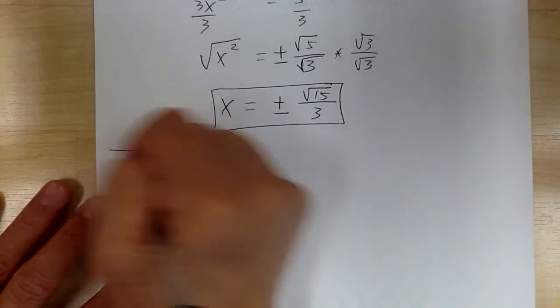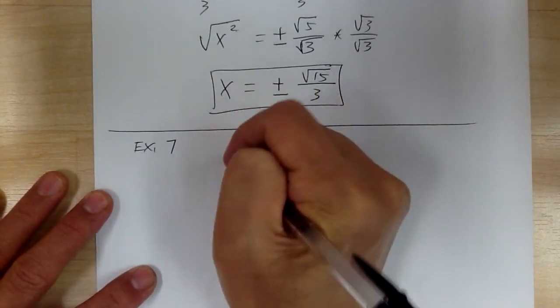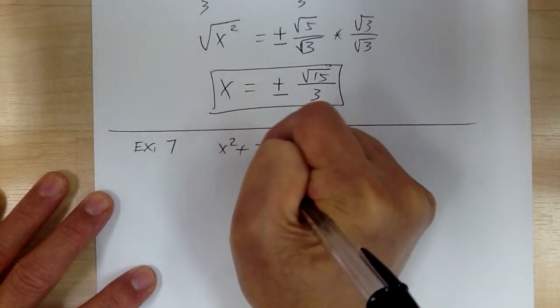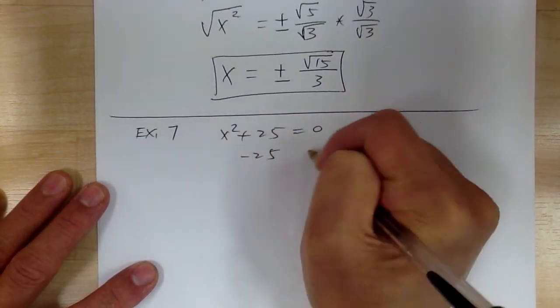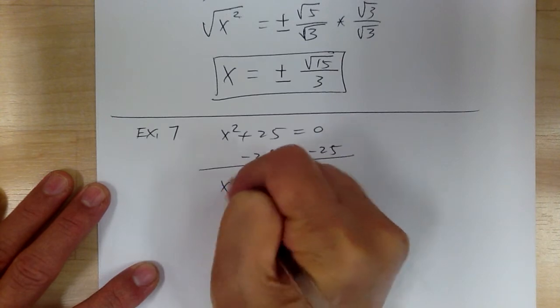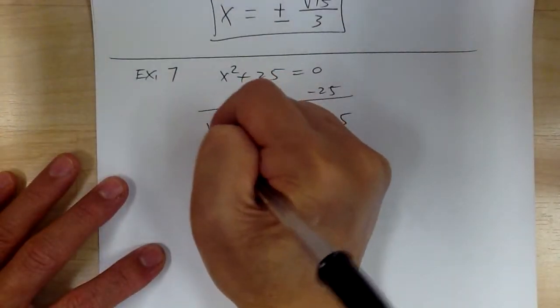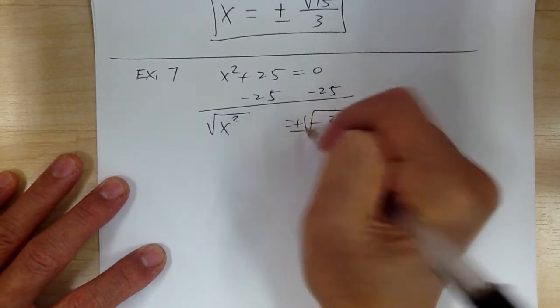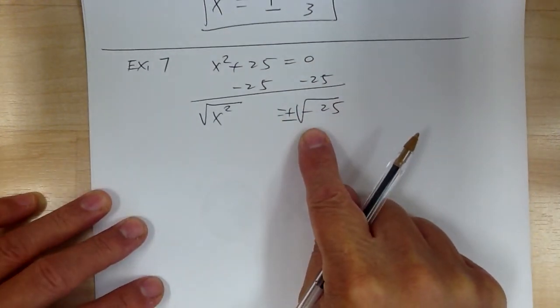Okay, let's go to example 7. You have x squared plus 25 equal to 0. So minus 25 on both sides. So you got x squared equal to negative 25. And then when you take the square root, now you have a problem here, right? You have a negative inside the square root.